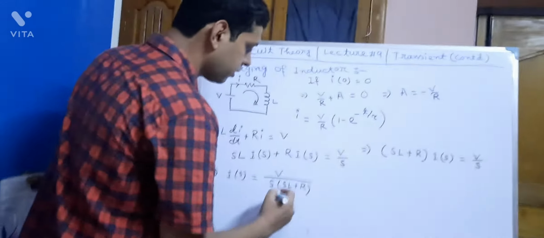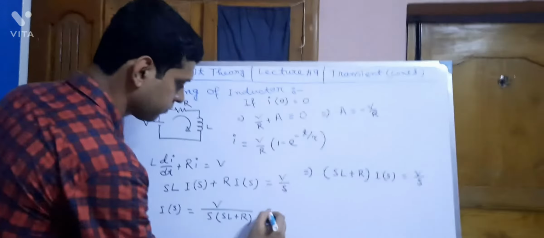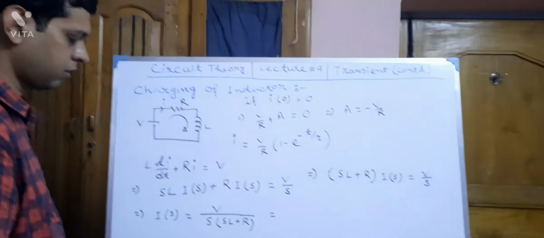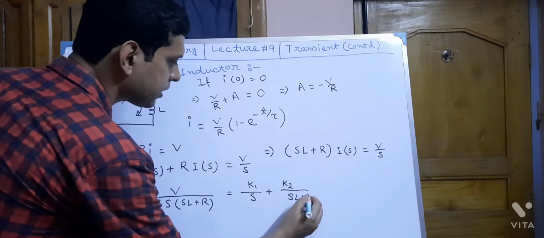Now write this as one constant term K1 by S plus another constant term K2 by (SL plus R).